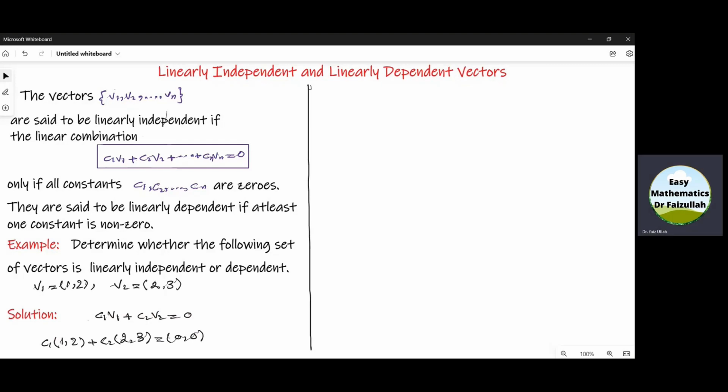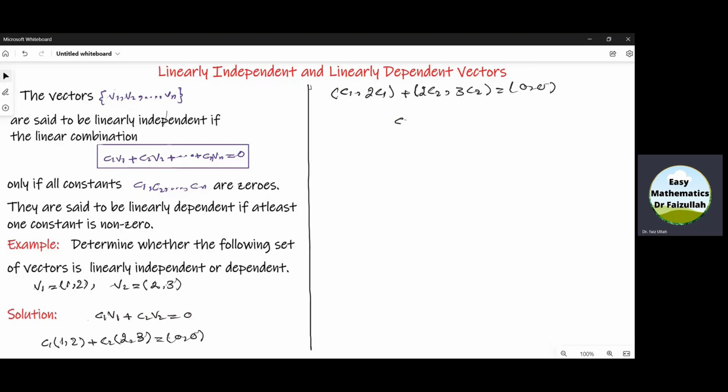Let us multiply C1, so we get C1, 2 C1 plus multiplying C2, we get 2 C2, 3 C2, and this is equal to (0, 0).